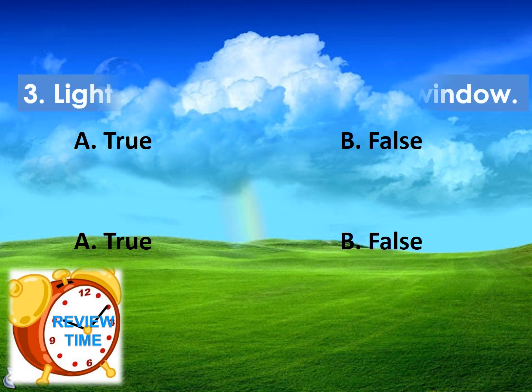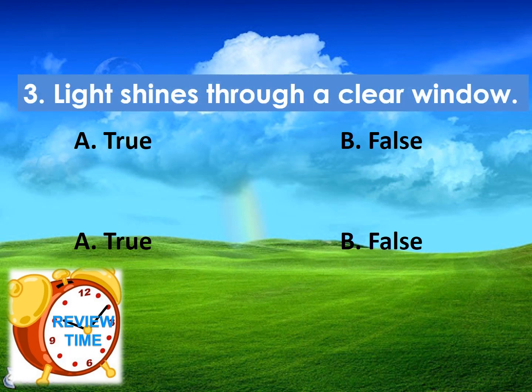Number 3. Light shines through a clear window. Is this sentence A true or B false? What is your answer? If your answer is A, then you are correct. Light shines through a clear window because a clear window is an example of a transparent material.